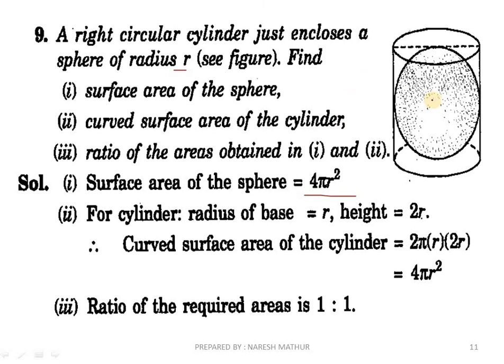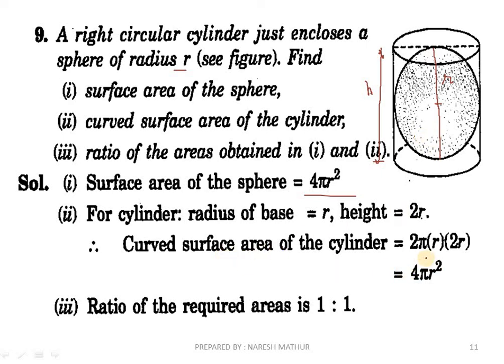Now see, this is a sphere and this is the radius of the sphere, right? And we can see the cylinder is just enclosing the sphere. So the total height of the cylinder is equal to the diameter of the sphere.